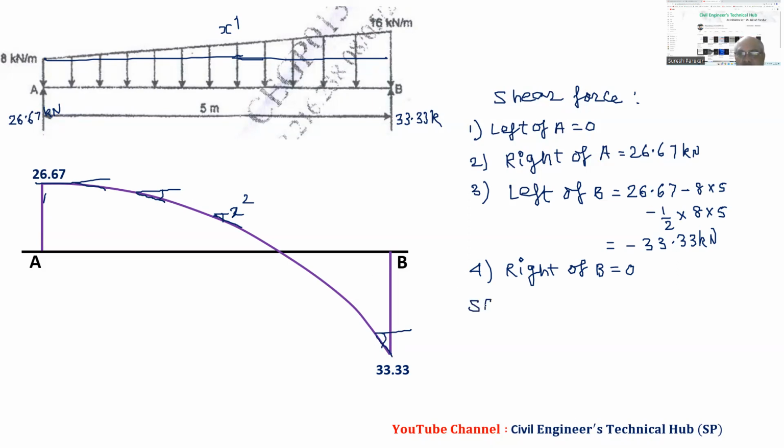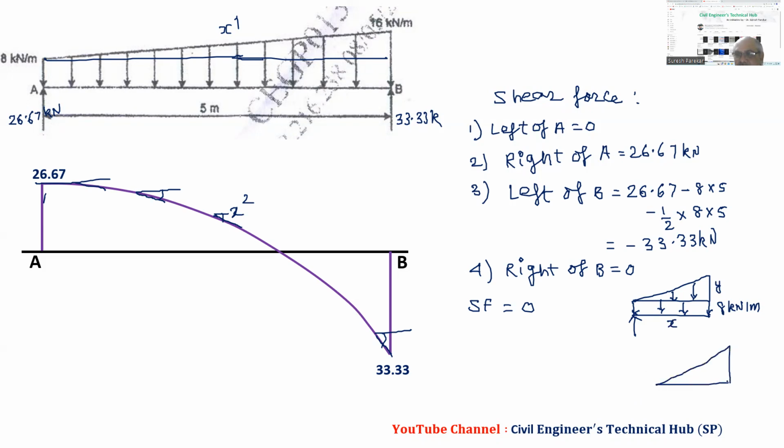Now we have to find where shear force is equal to 0. So we will consider a part where we have this as x. So we have 8 kilonewton per meter, and then we have this UVL. Now try to understand, this is the most important point. So we have this as y and this as x. Now we have to use similar triangles.